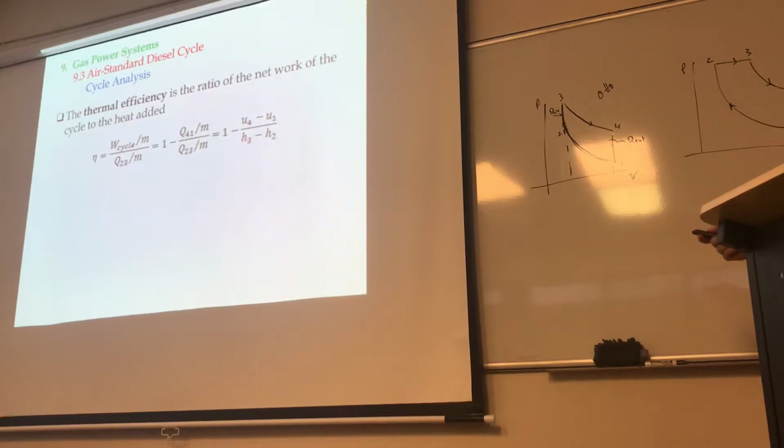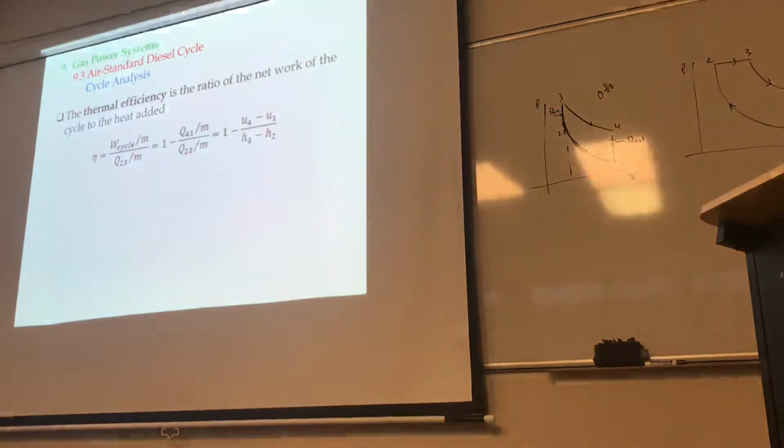But why, instead of writing U3 minus U2, are we writing H3 minus H2? Because in addition to that, there is a volume change. Remember, H is equal to U plus PV. So when you have something that's associated with a volume change, it's always an H that changes rather than a U, okay?